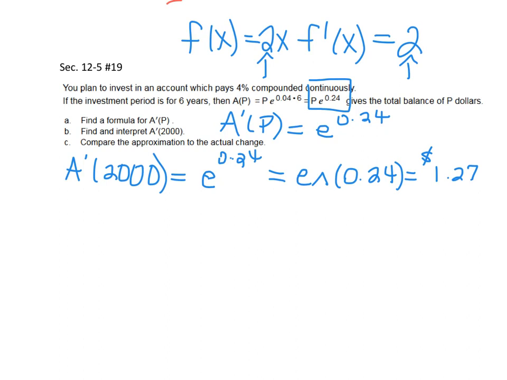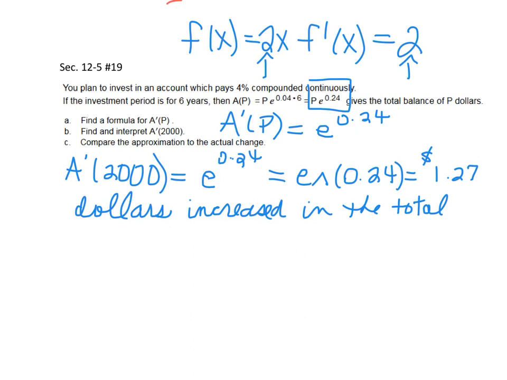And that 1.27, since this is a rate of change, is the dollars increased in the total amount per dollar increase in the initial value.